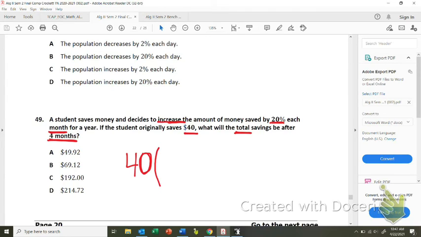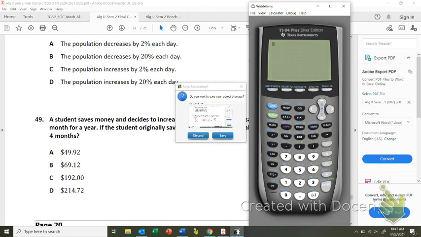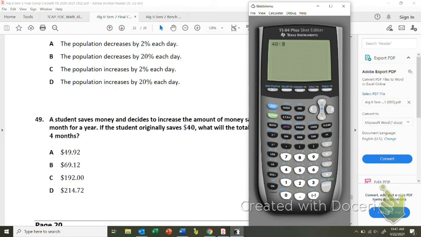And we are increasing, so that's going to be 1 plus increasing by 20%, which is 1.2. When we do that, we get 48. Okay, so I'm going to go over to the calculator. 40 times 1 plus 0.2 is 48. All right, that is the first month.